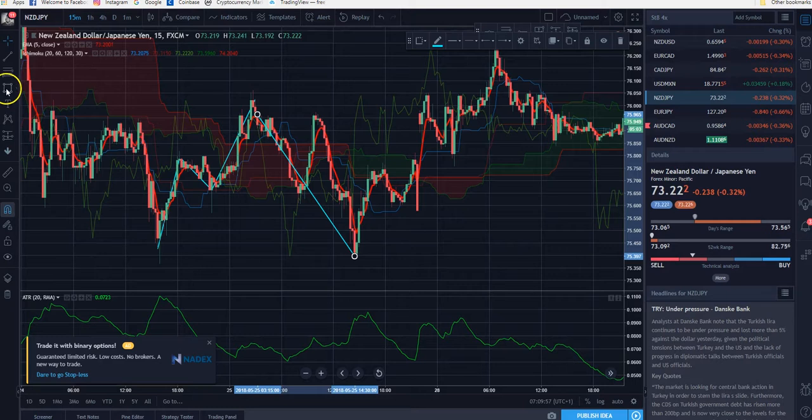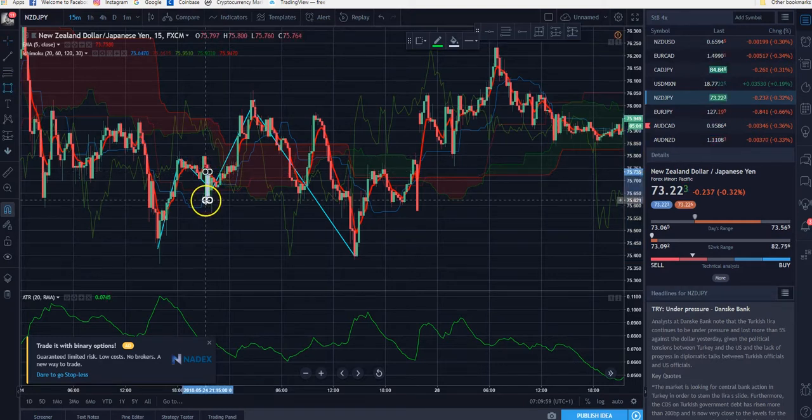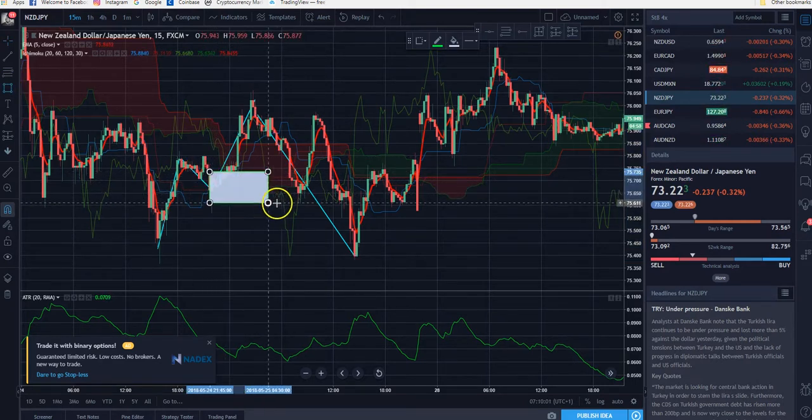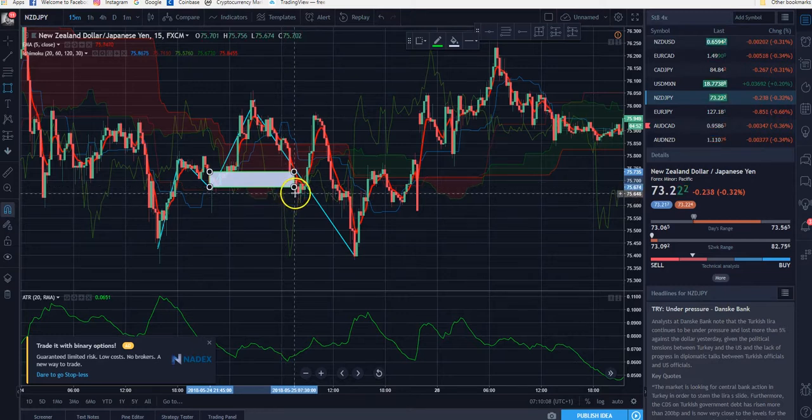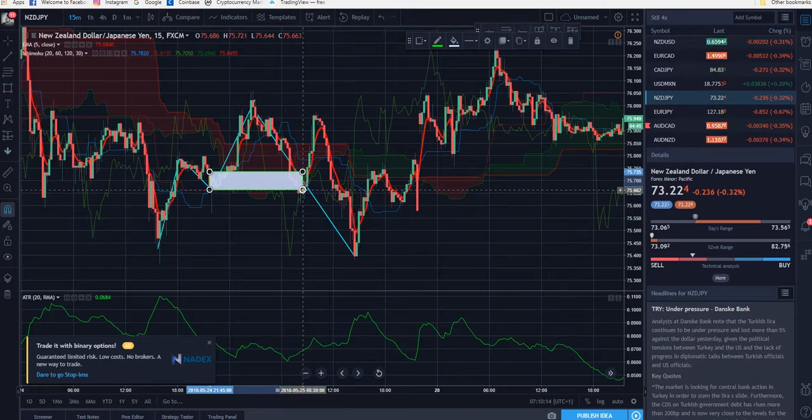Alright, so right there is your breaker, because it is the last bearish candle before the break of the structure. The last bearish candle before the break of the higher low.